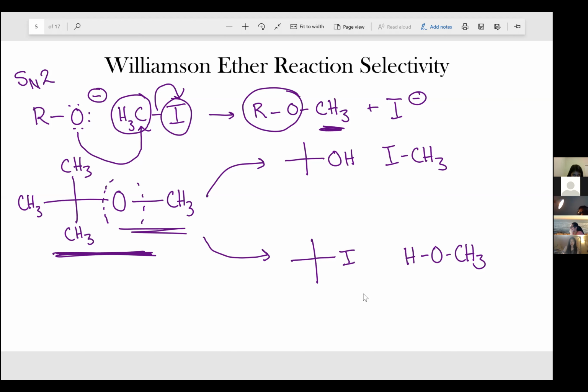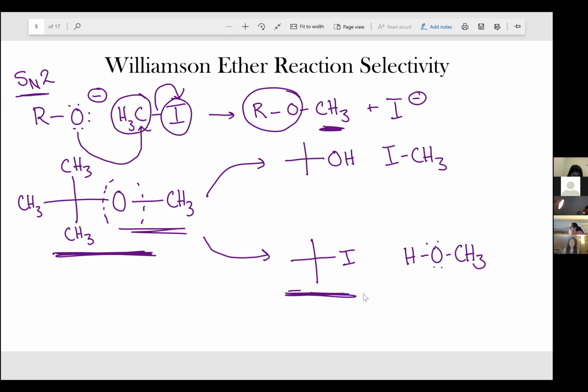The reason behind this is the specific reaction type, the SN2 reaction type. If we recall, SN2 reaction mechanisms favor the alkyl halide that has the least amount of steric hindrance. By doing the reaction down here, as you can imagine, there is a lot of steric hindrance.